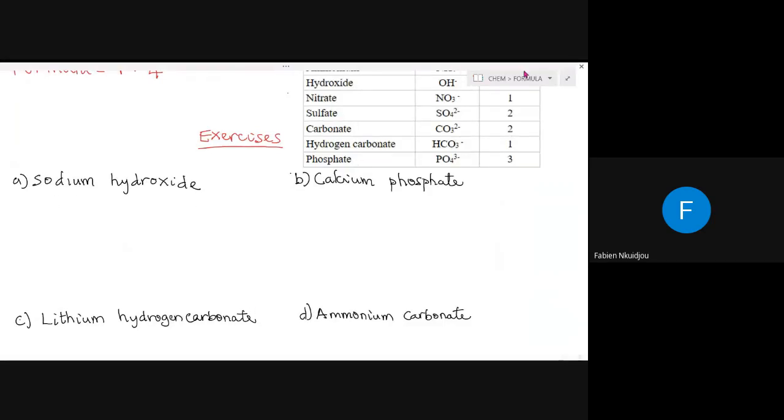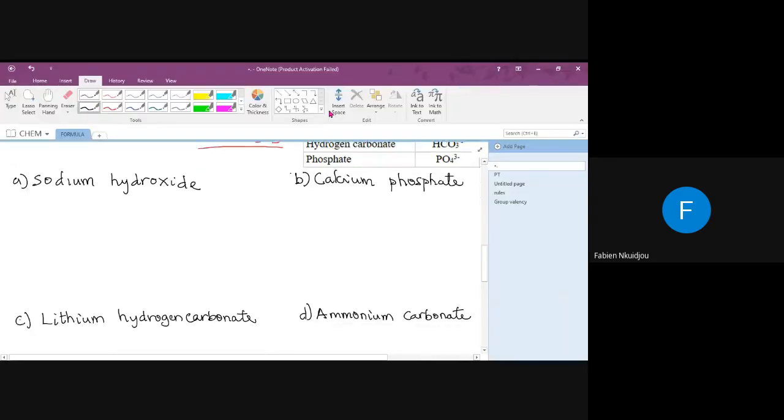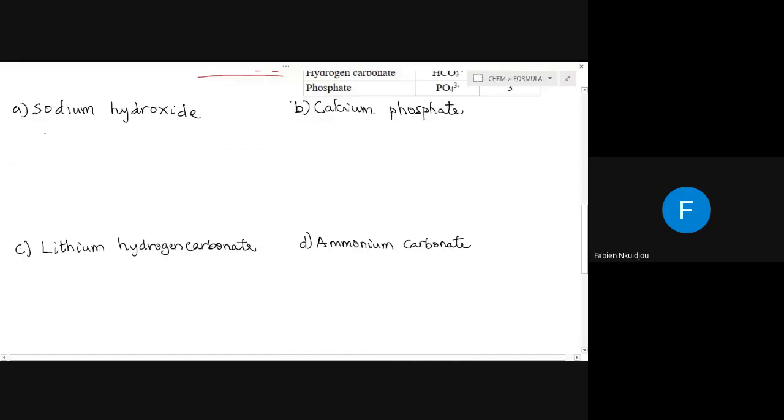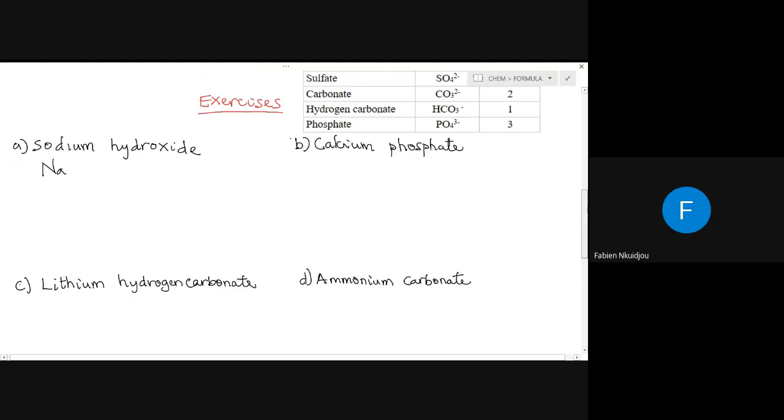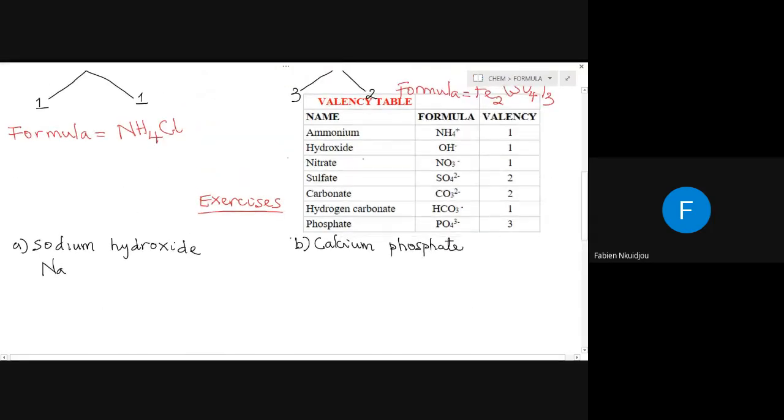Sodium hydroxide, we have it in the table. So this is the hydroxide compound ion, OH minus, and it has a valency of 1.